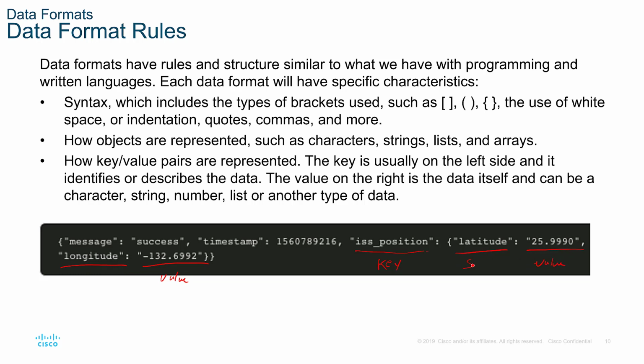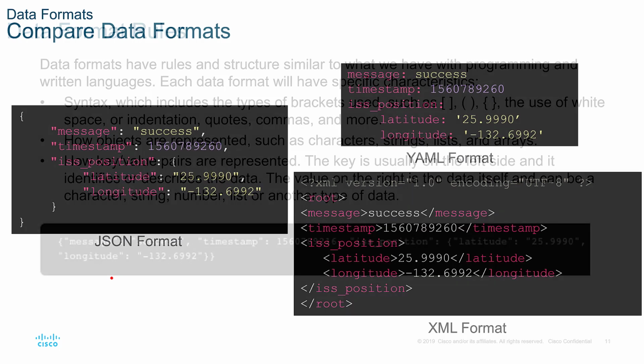So this is a subkey, and this is a subkey as well. That way, we can actually have some meaning to this data. When we're talking about the position, you can reference it in longitude and latitude.